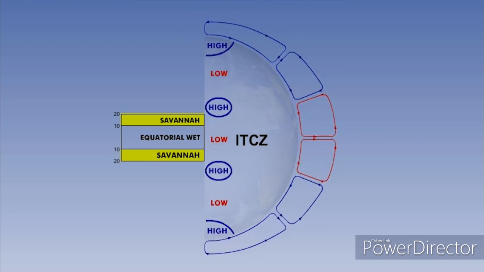For the rest of the time, the dry trade wind from the subtropical highs dominates the weather. This zone is highly dependent on the transitional rains, and if they don't come one year, then the region will experience severe drought with no rain for over a 20-month period. Ethiopia and Sudan are examples of countries found within the savanna zone.